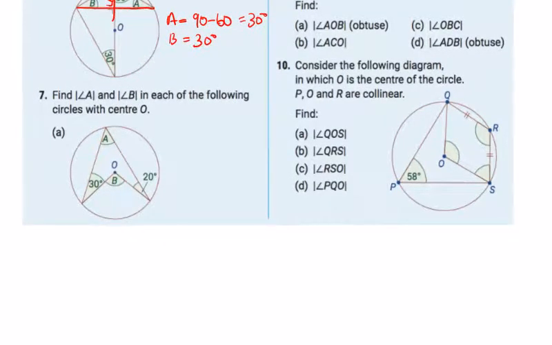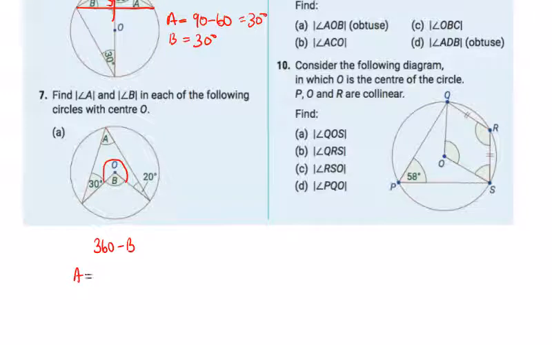Find A and B in this one. Okay, well, we have a 30, 20. So where can we start here? Well, we have a four-sided shape, so I could create two triangles, as you can see here, with one line. So all the angles inside here add to 360. What's this one here? This is 360 minus B. And we also have A. What's A equal to?